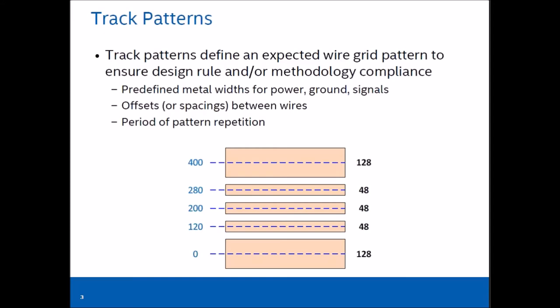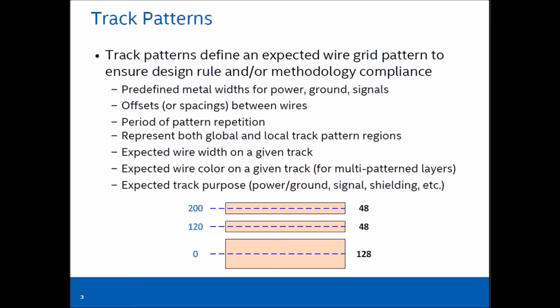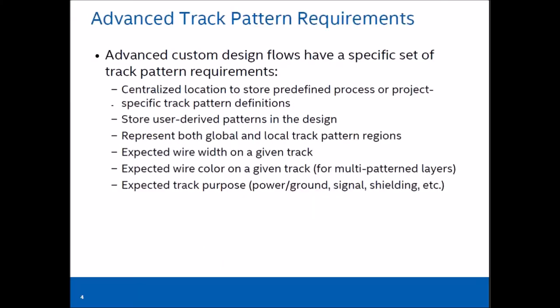And anyway, these track patterns define locations for the wires and the intended widths for the wires on a given track, and sometimes, an indication of what that track is intended for, whether it be a power or ground track or a signal track. And then it has a period of repetition so that it repeats out throughout the design. Those were the basics.